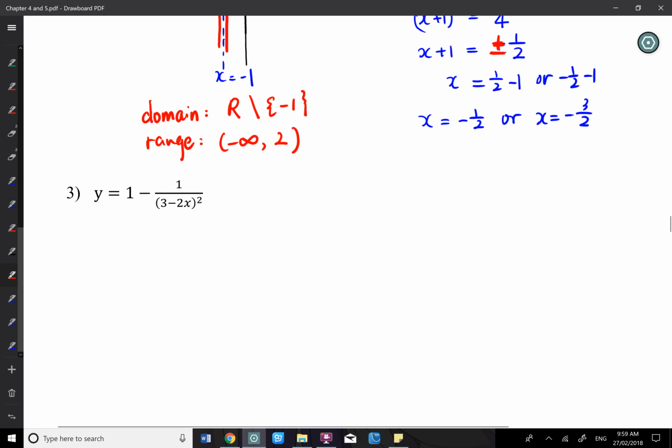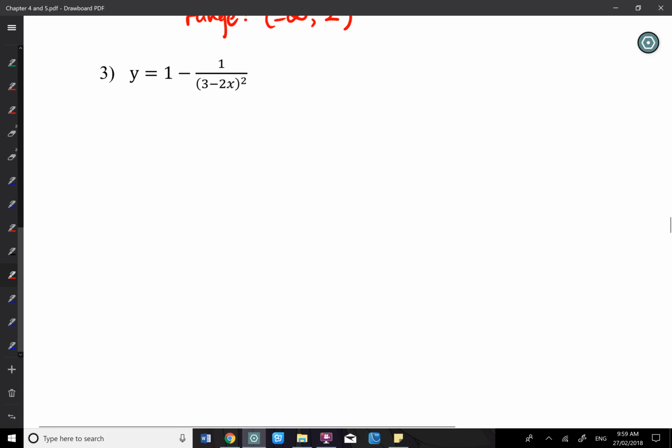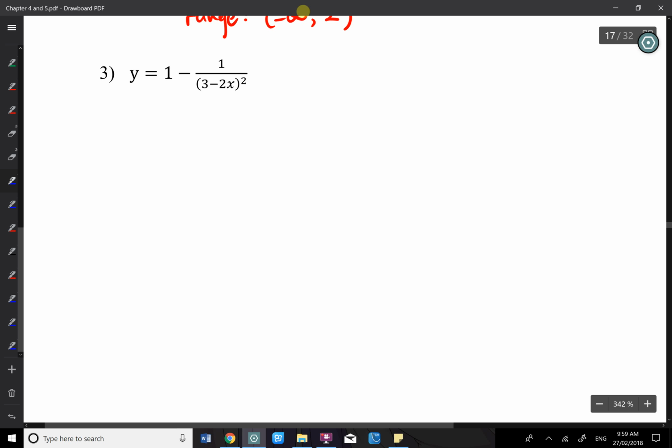Okay, we can have a look at the next one. Well, next one looks quite complex, but I will rearrange it first. Okay, have a look at this one.